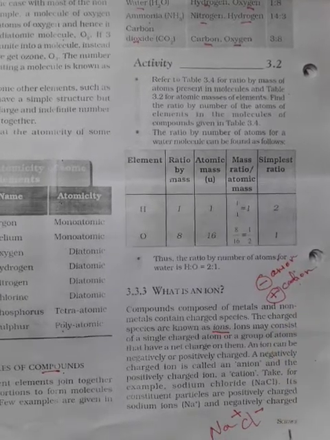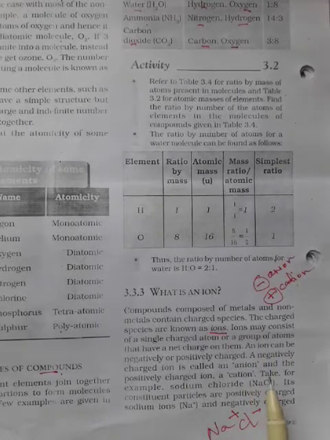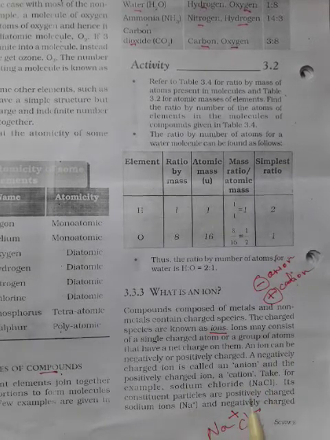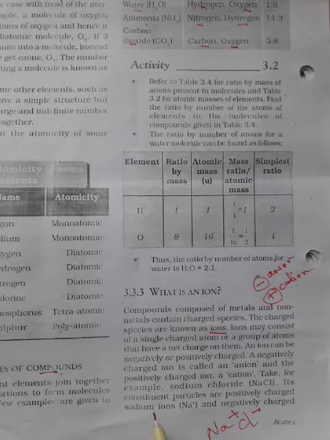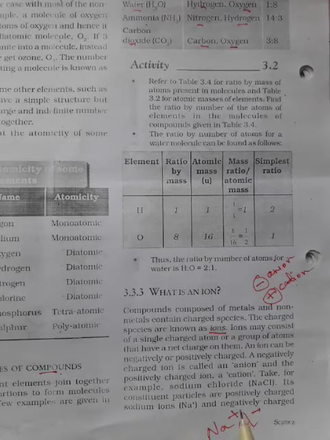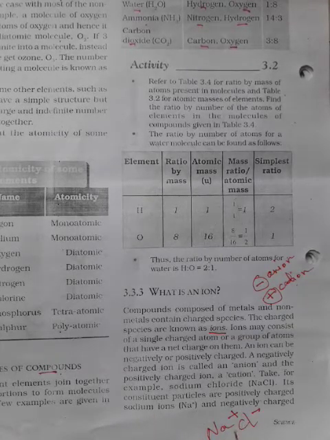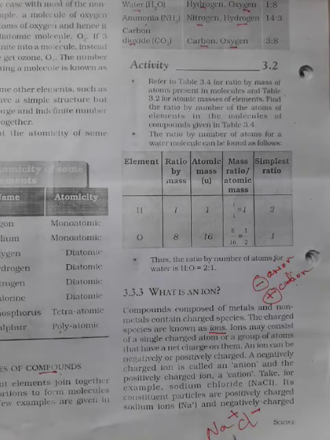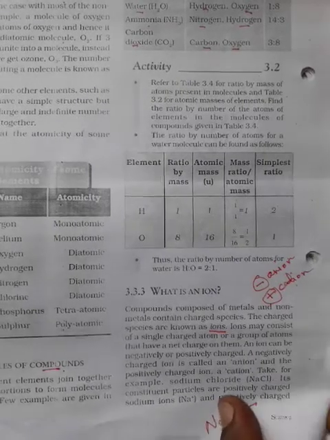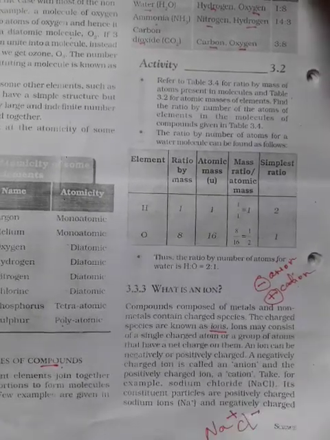So we will take an example of sodium chloride. Its constituent particles are sodium ion and chloride ion. In sodium we have a positively charged ion, and in chlorine we have a negatively charged ion. That's why salt is a good conductor of electricity. Let's move to another page.